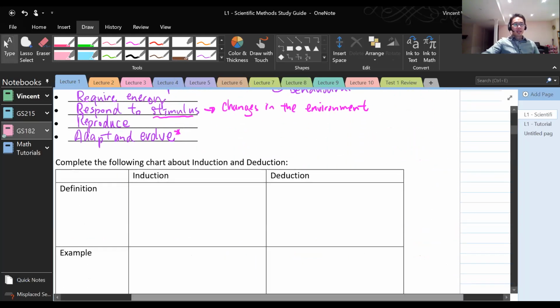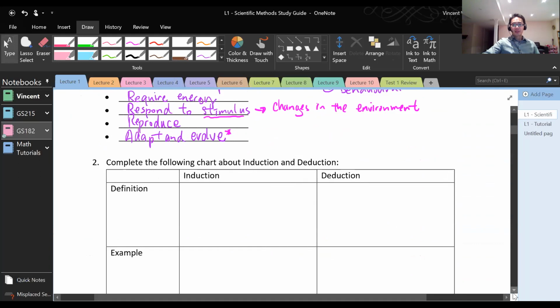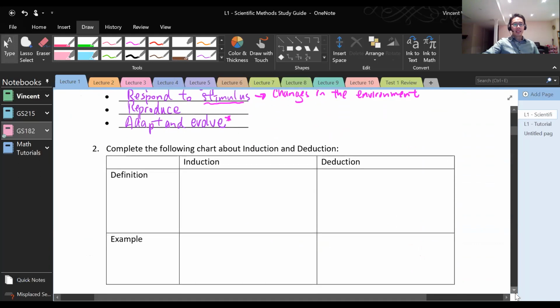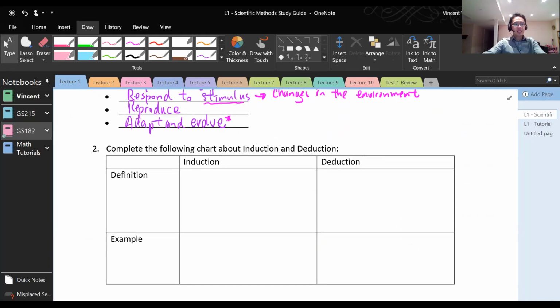Moving on, we have here what we call induction and deduction, which are basically two different reasoning approaches that we can use in science.